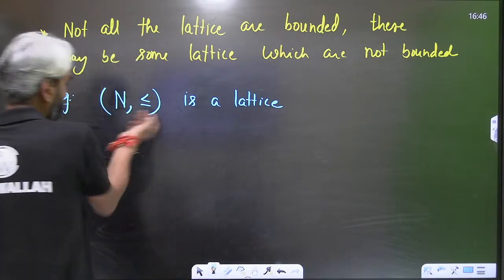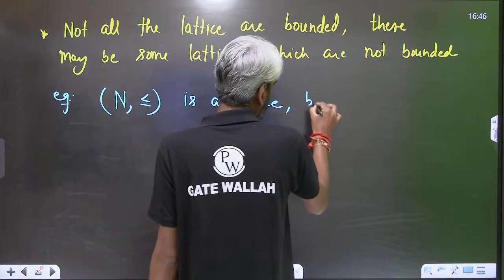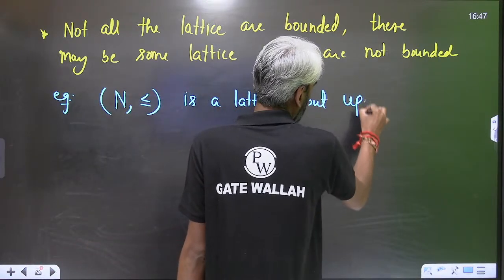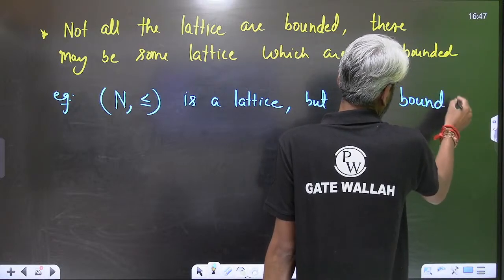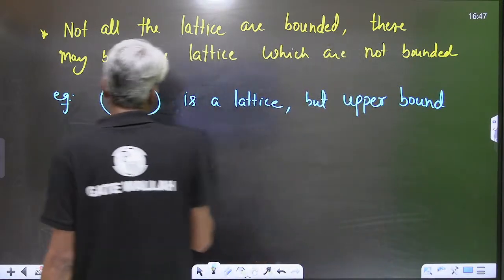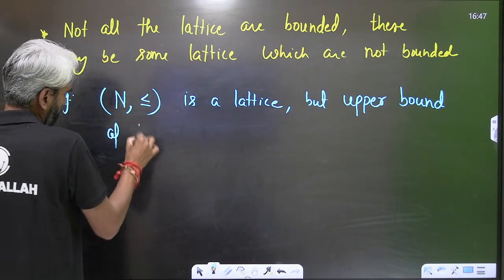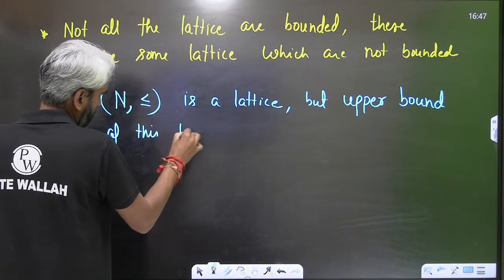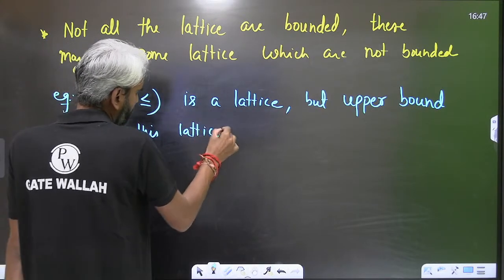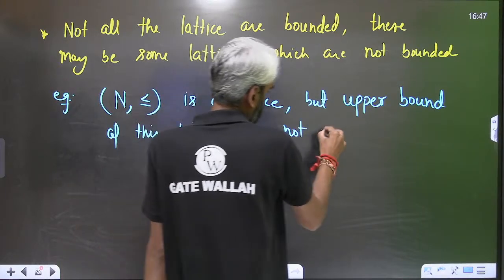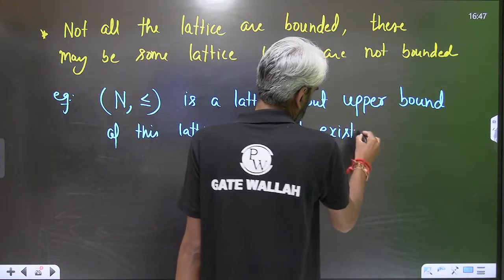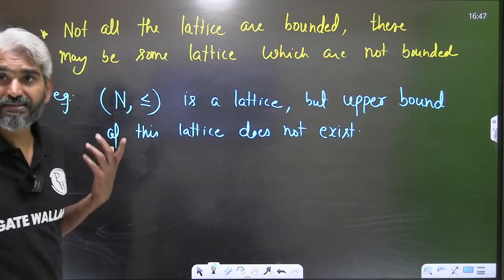So we can say this is a lattice, but the upper bound of this lattice does not exist.